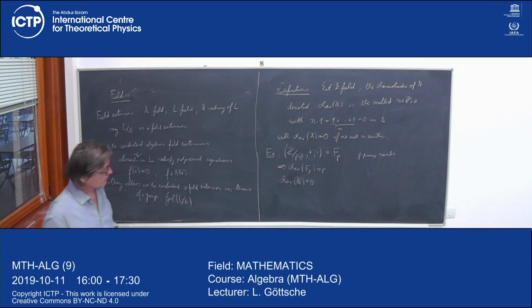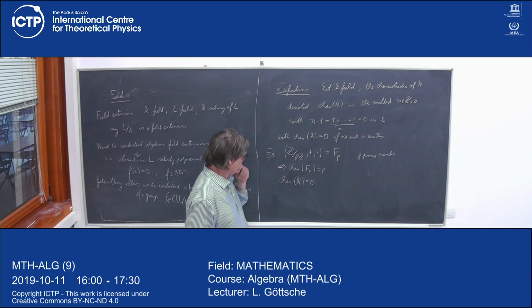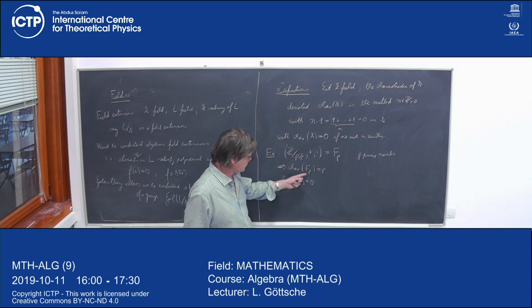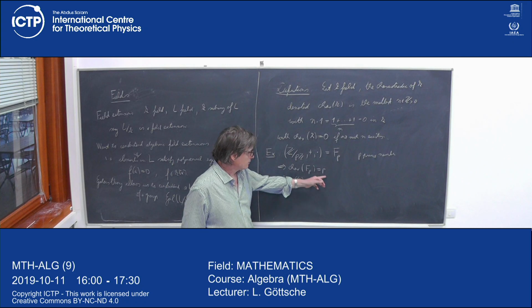So, in fact, one of the first observations is that the characteristic of a field is either a prime number or 0.